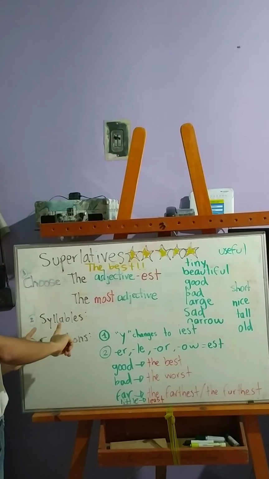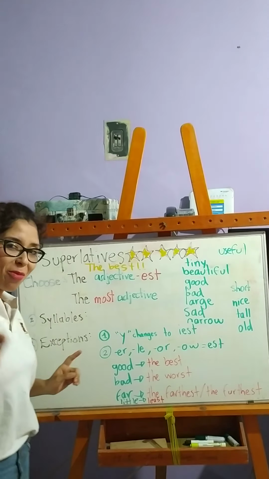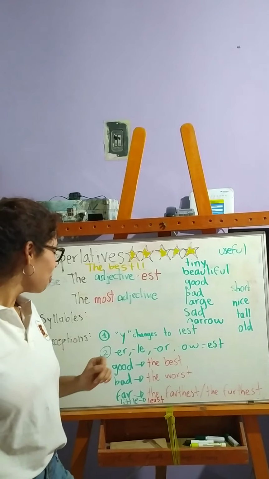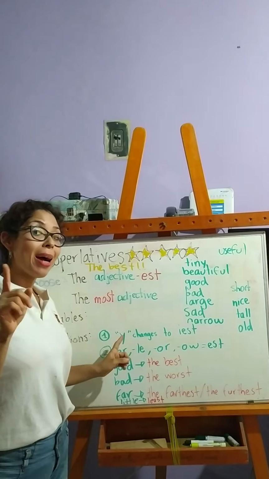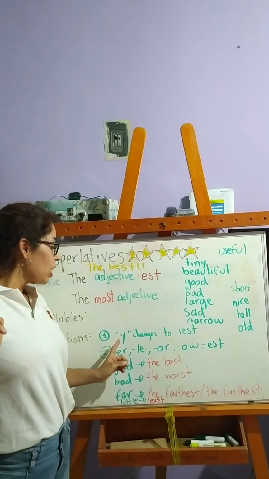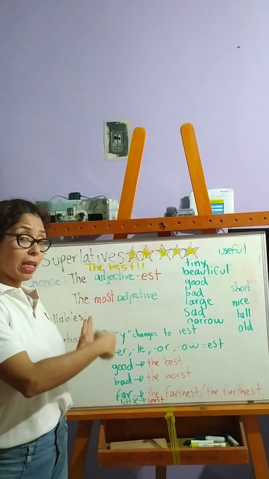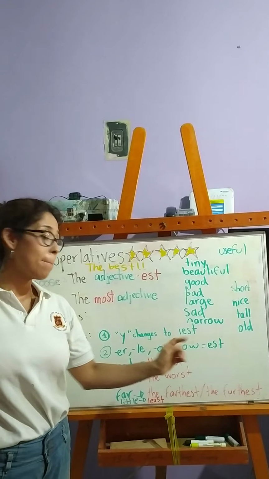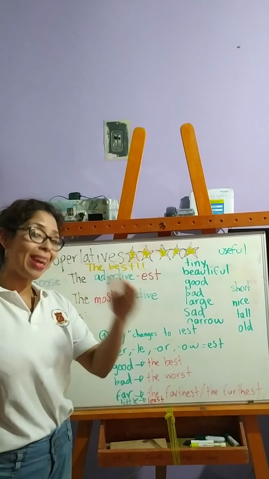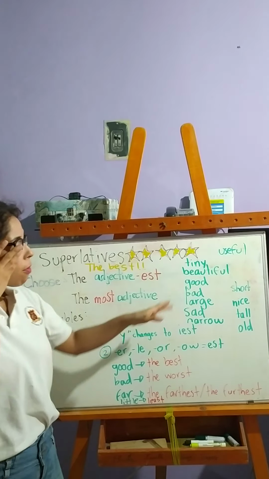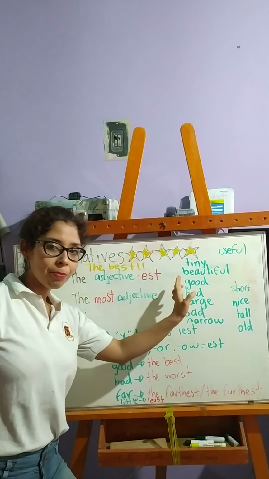We are going to check the exceptions, because every time we have exceptions. If my adjectives finish in y, every time that you see this in English, it will actually become est, depending on the ending. For example, here, tiny.